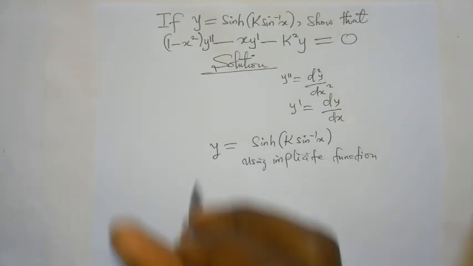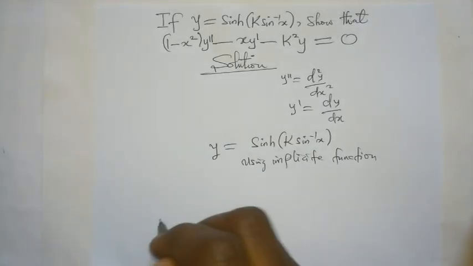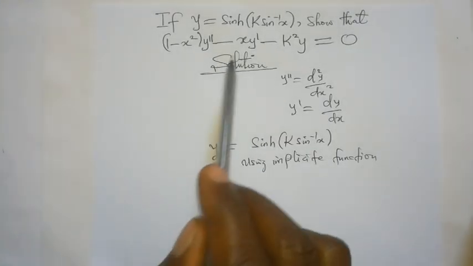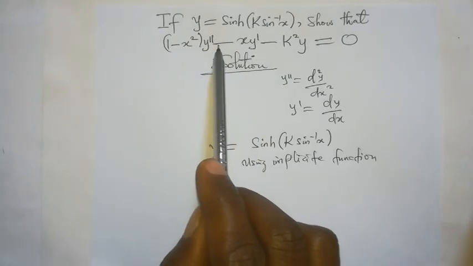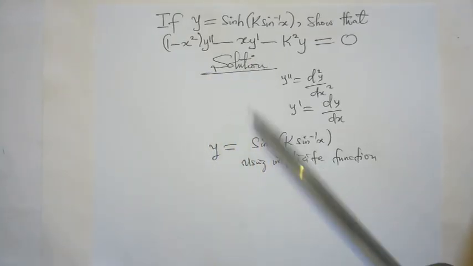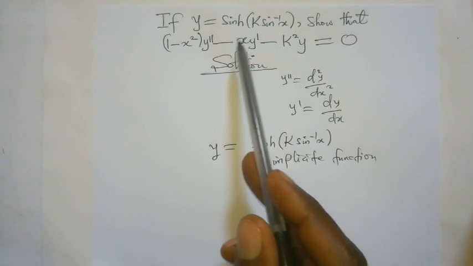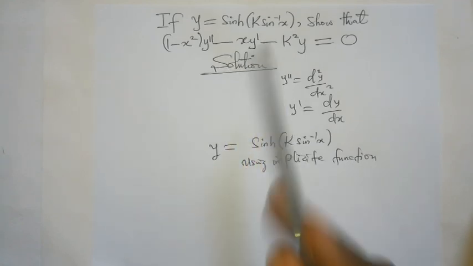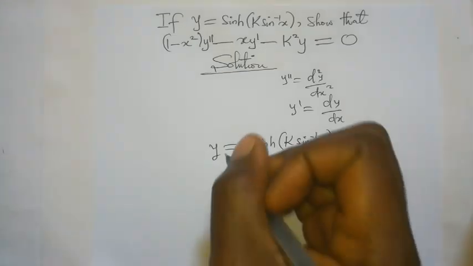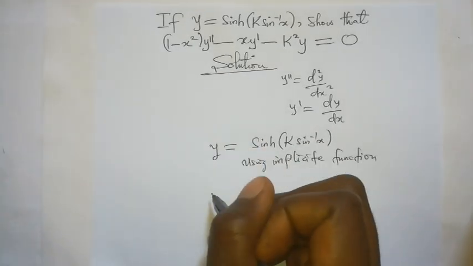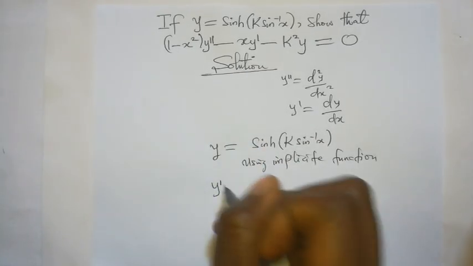So I'm going to differentiate this, since if you look at it, there is a first derivative and a second derivative. So we are going to be solving this trying to arrive at our answer, which is the showing itself. So the differential of y means y prime.